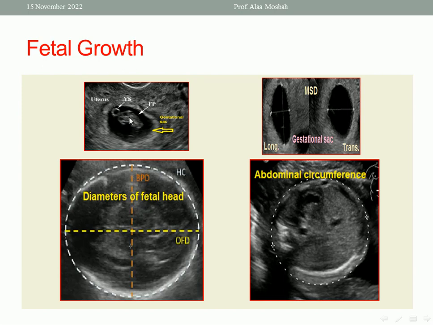Please remember to exclude the yolk sac from measurement. It's not measured. Crown rump length is the most accurate ultrasound test to measure the gestational age and give the expected date.